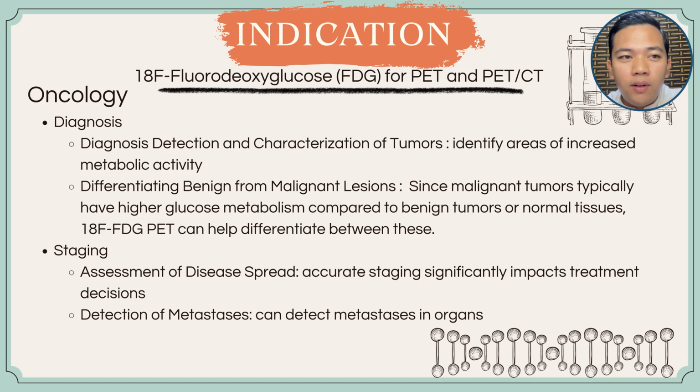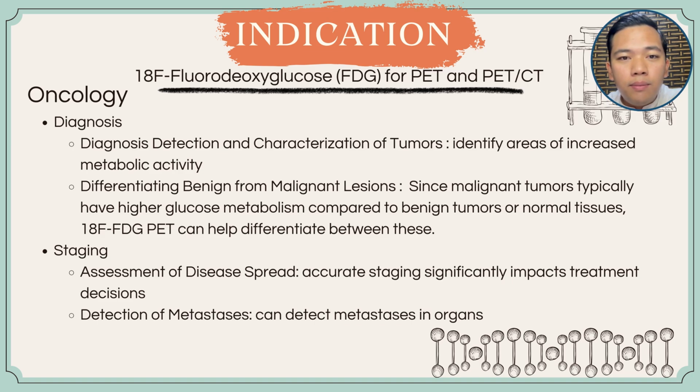So next, for staging, assessment of disease spread, a PET scan is crucial in determining the extent of cancer spread, which is vital for treatment planning. They are particularly useful for cancers like lymphoma, lung, breast, colorectal, and melanoma, where accurate staging significantly impacts treatment decisions.